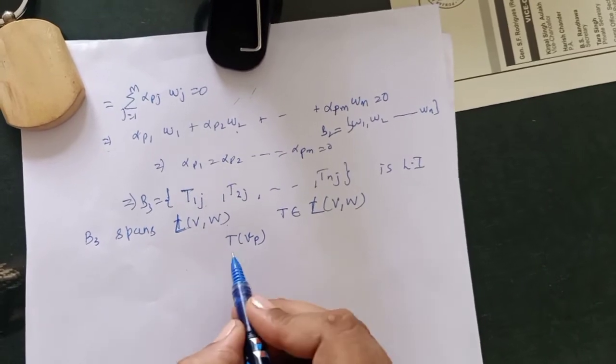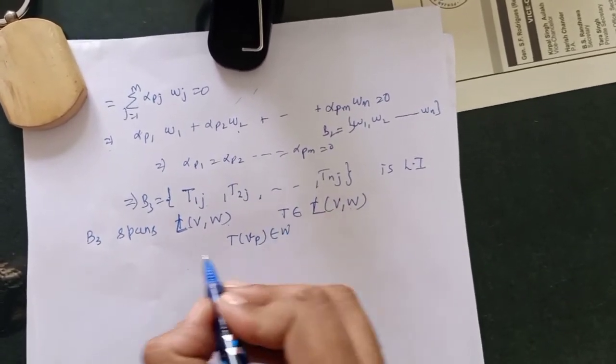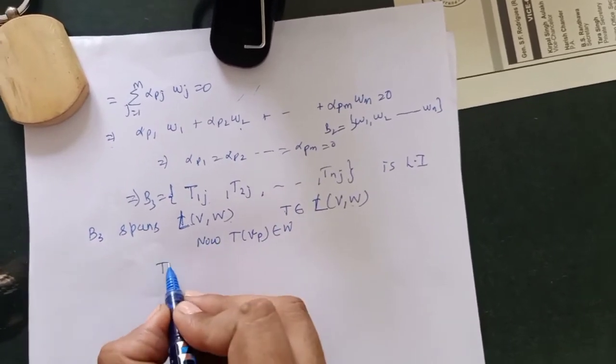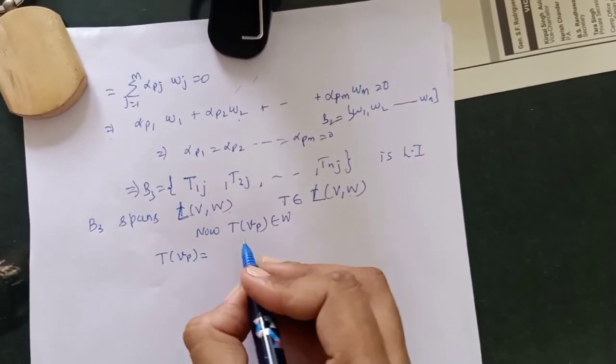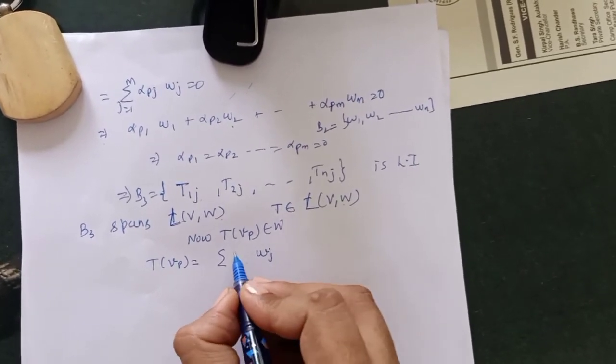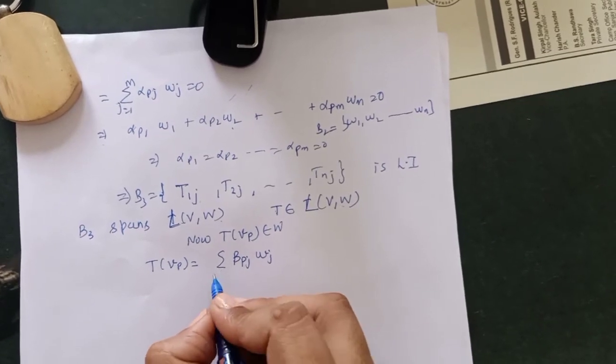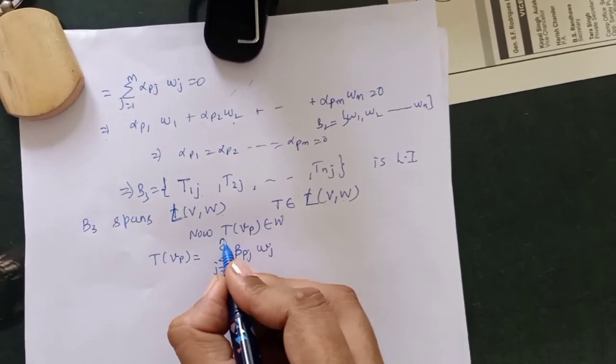Whatever it is, it is the image, so it should belong to W. So I can write it as a linear combination of the basis elements of W, which were the Wj's. Say I have written it as the sum of beta pj wj, j from 1 to m.